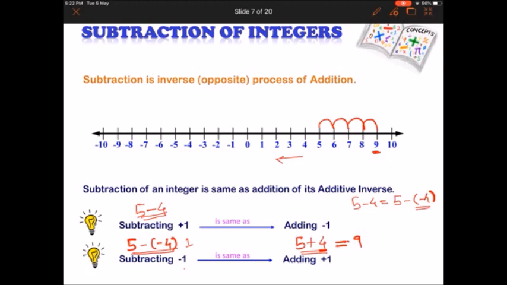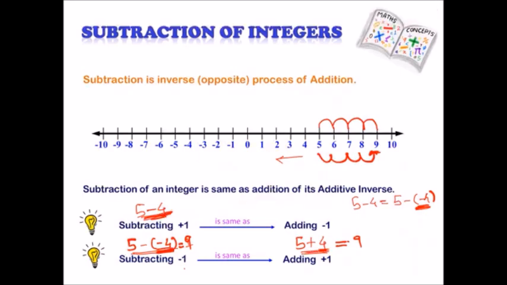Plus 4 is exactly in opposite direction of minus 4, which means when I am subtracting plus 4 I move towards left, and when I am subtracting minus 4 I have to move towards right. Okay, which will give me the same answer as 9. This will give me 9, which means subtracting a negative number is same as adding positive number.